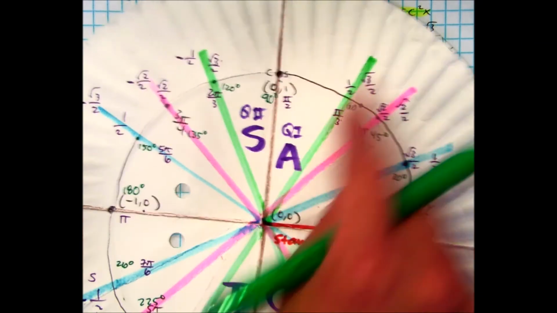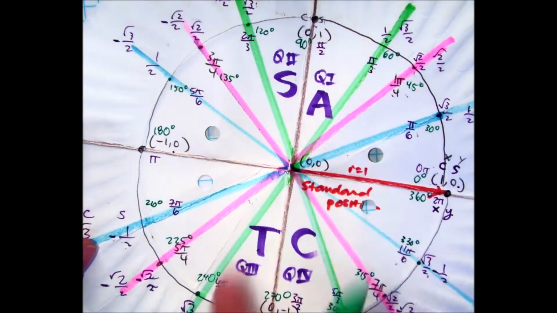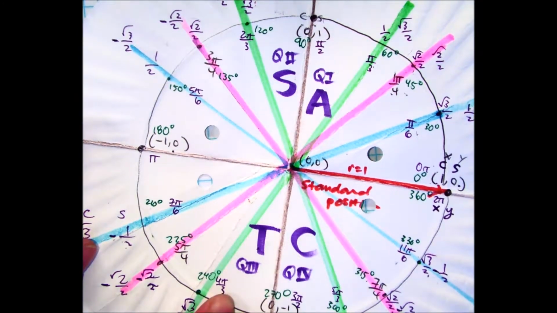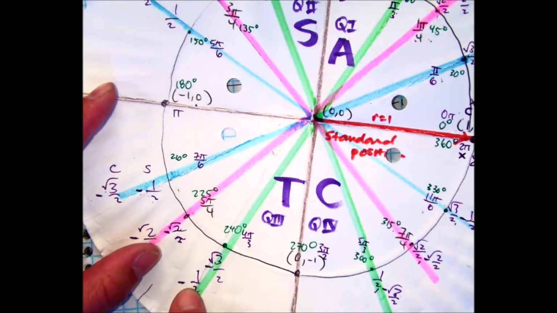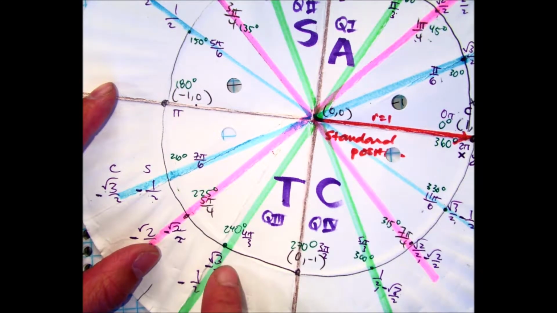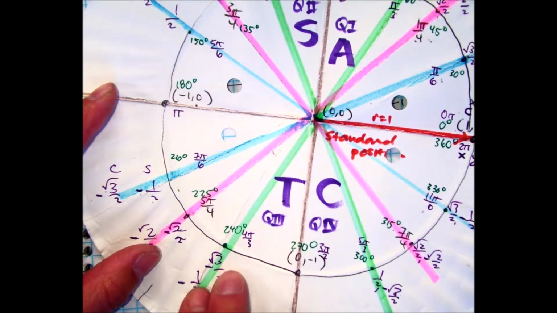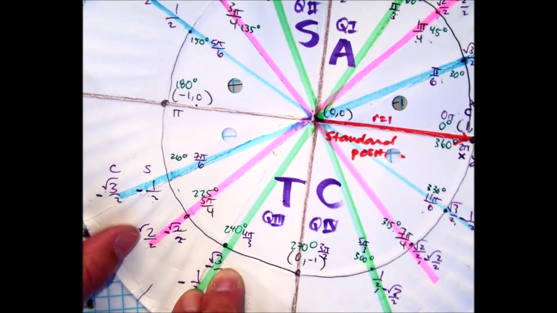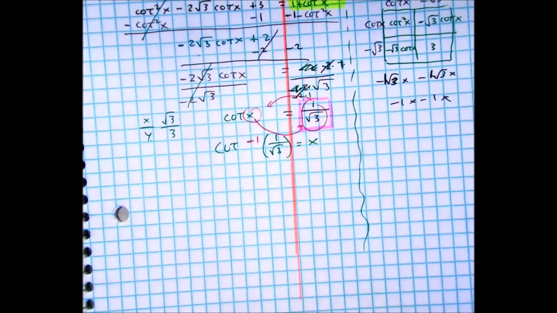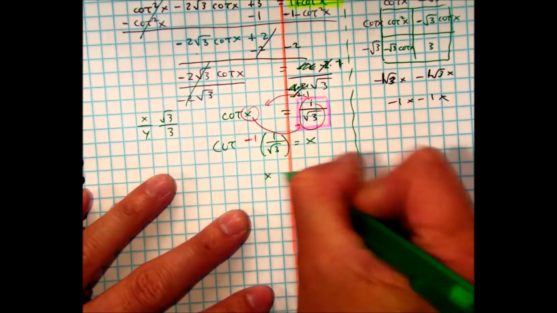Pi over 3, because I'm looking for radians, and 4 pi over 3, because this is a negative 1 over a negative radical 3, which is a positive. Remember, you can ignore the 2's because we don't need the r value, right? Okay, so what were the answers?